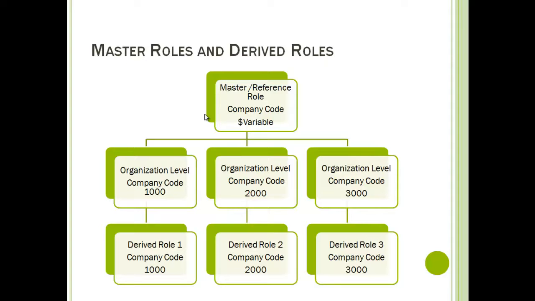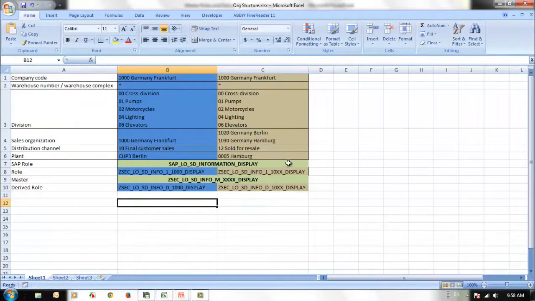Let's look into our system, then you will understand the whole concept behind the derived role and master role. To make our exercise quite easy, I already created the data which we may require.